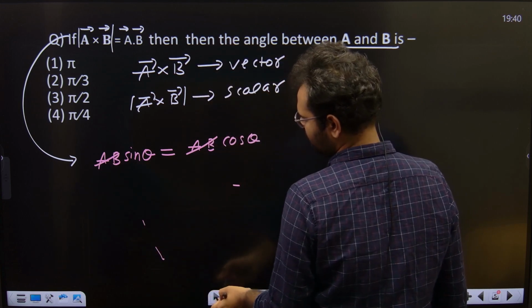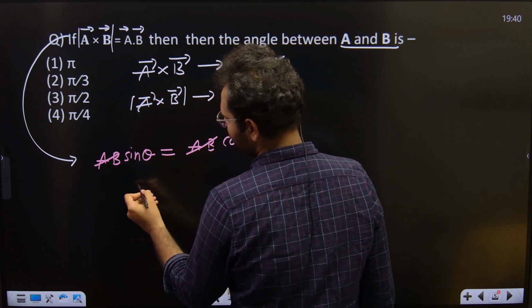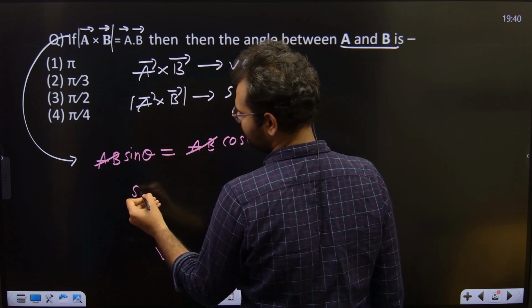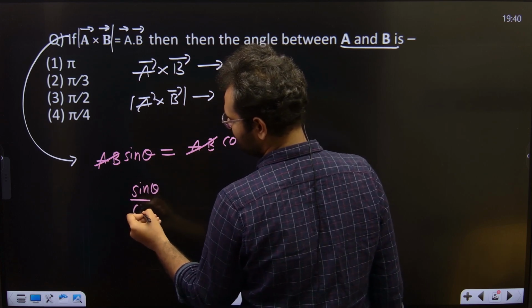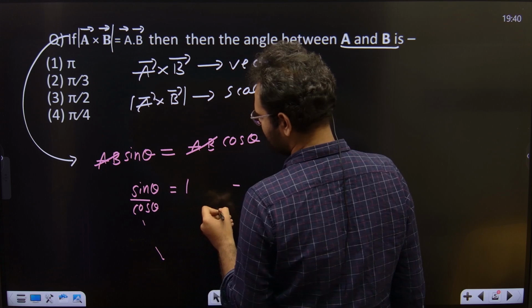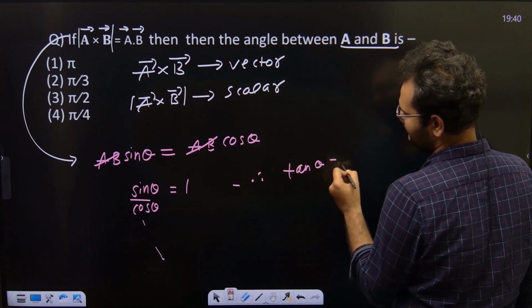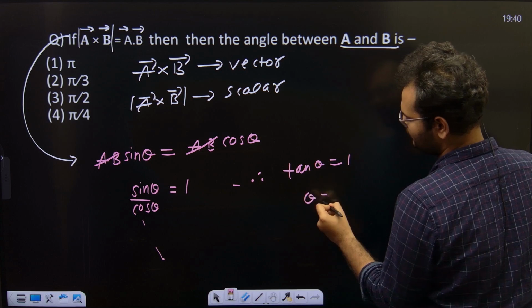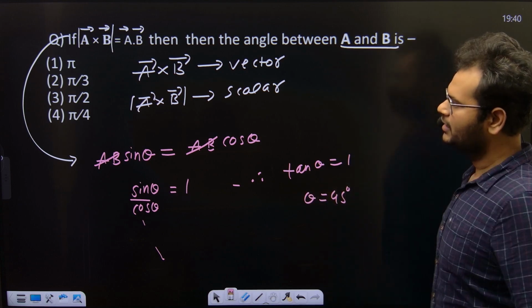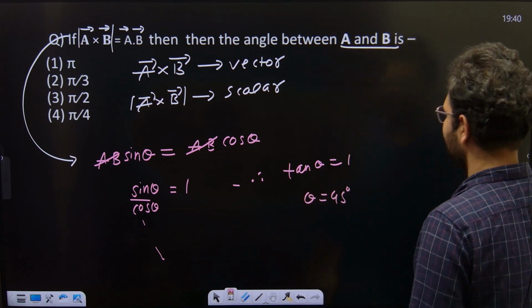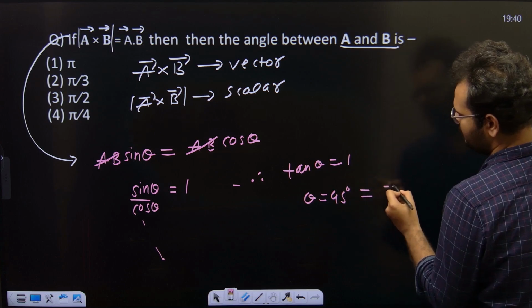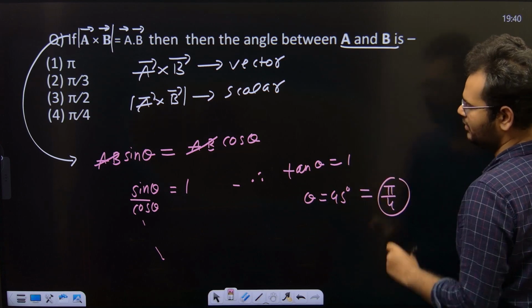What remains is sin theta is equal to cos theta. If I divide by cos theta, what I will get? Sin theta by cos theta equal to 1. Therefore I will say tan theta equal to 1. If tan theta is equal to 1, theta is equal to how much? 45 degree. 45 degree means how much? Radian, degree to radian conversion. Pi by 4.